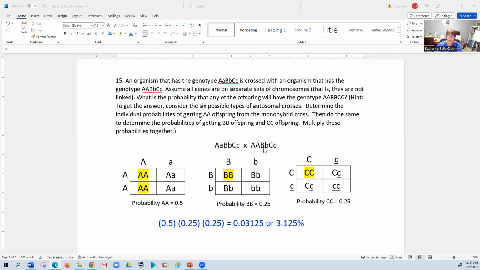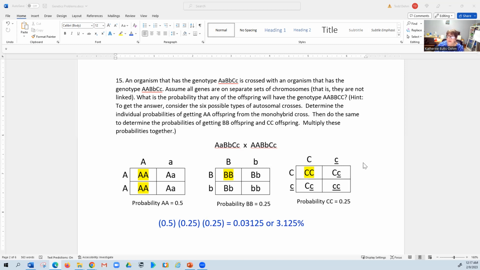We just looked at the A's here. Big A, and big A, little a. And then the big A goes down here, and then a big A across, a big A across. The little a's down here, and then we have big A, little a, big A, little a. So your probability is 0.5 of having a big A. Now for the 2 heterozygous B's, your probability of a homozygous dominant B is 0.25.